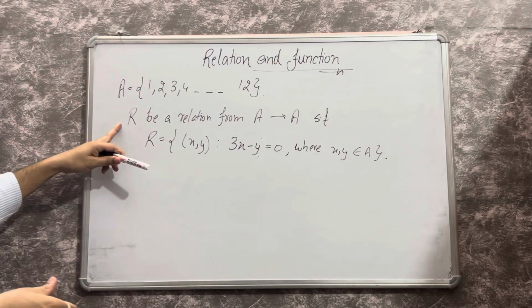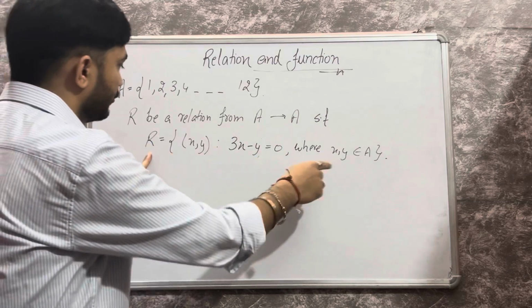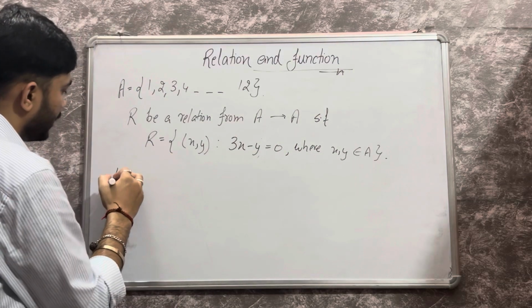Now firstly we have to represent this relation from set builder form to roster form. How are we going to do so?